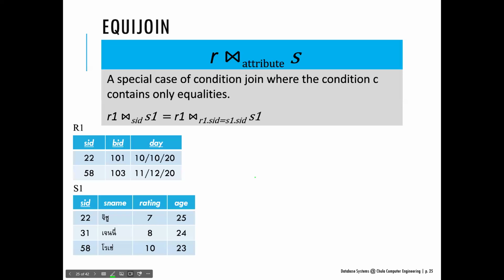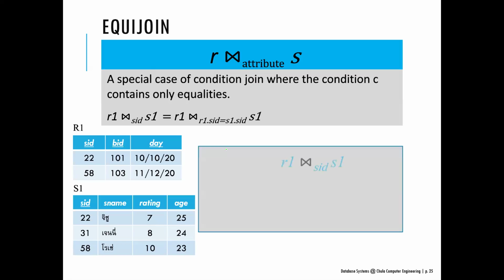Equijoin is actually a subset of the theta join or the condition join where the condition can only be equals to. So if you remember, when we do the condition join, you can have anything, right? Any condition at all. But now for equijoin, as its name implies, you can only have the equal operation. So basically, if I do R1 joined with S1, I want SID on the left side equal to the SID on the right side.